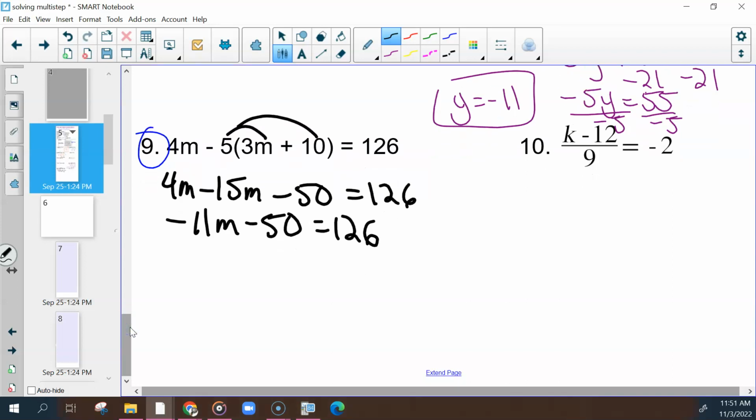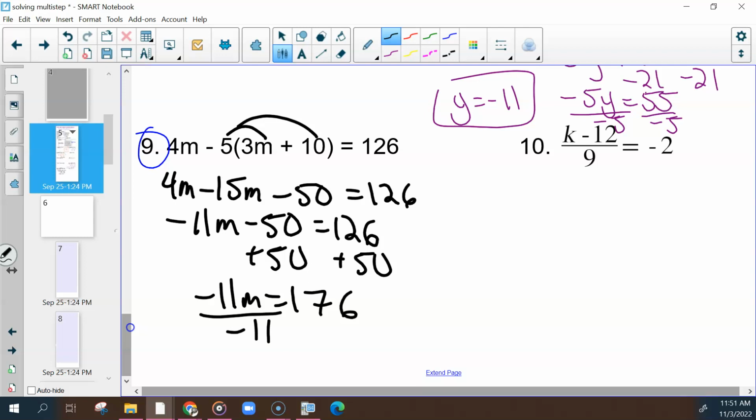Okay, then we can add 50 to both sides and divide. Divide that, tell me what you get. Christian? 16. Did we all get 16 or negative 16? You should get negative 16, yes.